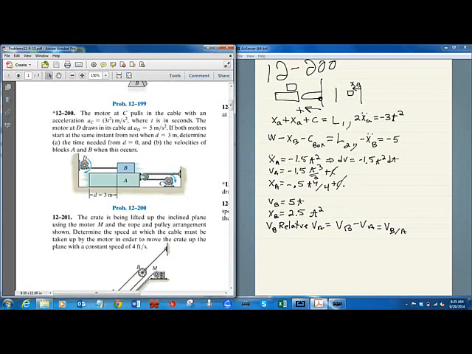It's 2.5 T squared, minus. Why minus? Because it's relative, B relative to A. What's the position of A? Negative 0.5 T to the fourth divided by 4. And what should that equal?